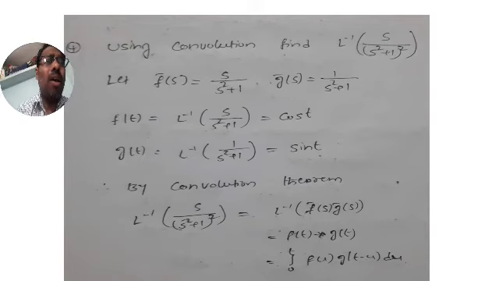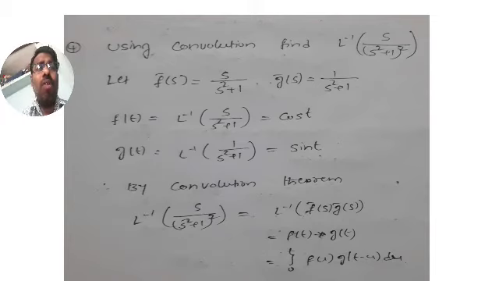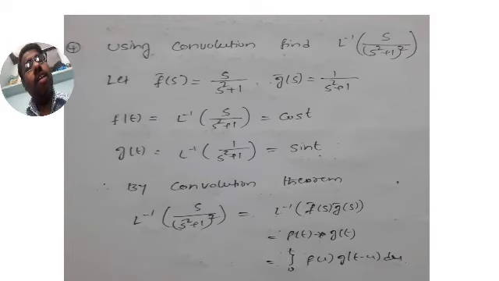Here s by s square plus 1 is one function, and 1 by s square plus 1 is the other function. You can take either first one as s by s square plus 1 and second as 1 by s square plus 1, or vice versa, because one of them gives sine and the other gives cos. Sine into cos or cos into sine, no problem at all.